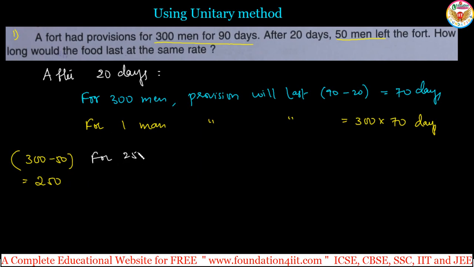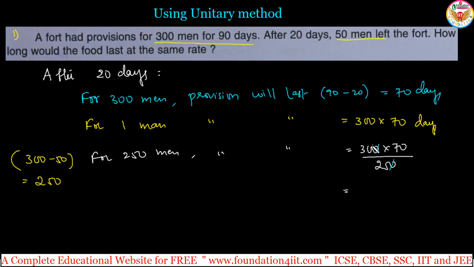Because for one man the provision is sufficient for 300 into 70 days, for 250 men the provision will last 300 into 70 divided by 250. For one person, 300 into 70: 3 sevens are 21, and with 3 zeros, 21,000 days. For 250 men, this number is divided by 250. You can calculate this and you'll get the answer.